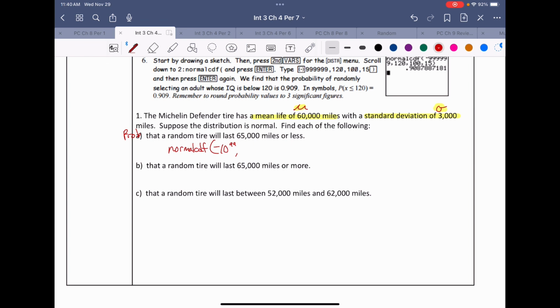The maximum is the number they gave me, 65,000, comma. Mu comes next, 60,000 given in the problem, comma, and standard deviation is last. Once you type this into a calculator, you will get 0.952, which is 95.2%.